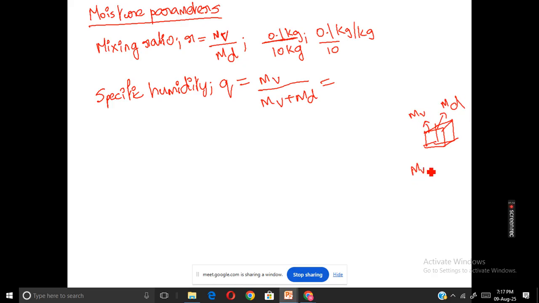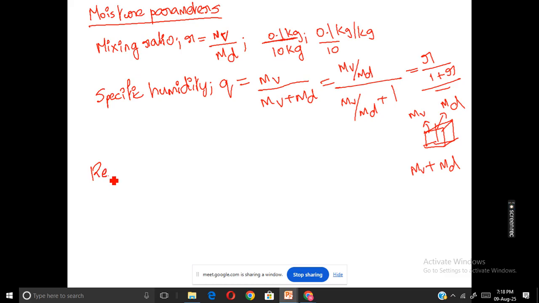So the total mass of the parcel is mv plus md, where mv and md are the respective components. So specific humidity is mv by the total mass of the air parcel. Now if we divide both numerator and denominator by md, we get (mv by md) by ((mv by md) plus 1). What is mv by md? It is nothing but the mixing ratio. So we can write r by 1 plus r. So specific humidity q in terms of mixing ratio can be represented as r by 1 plus r.